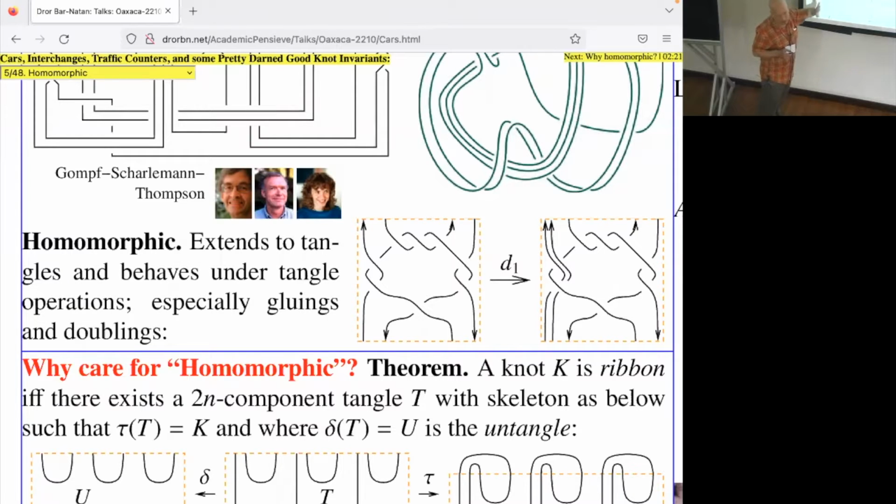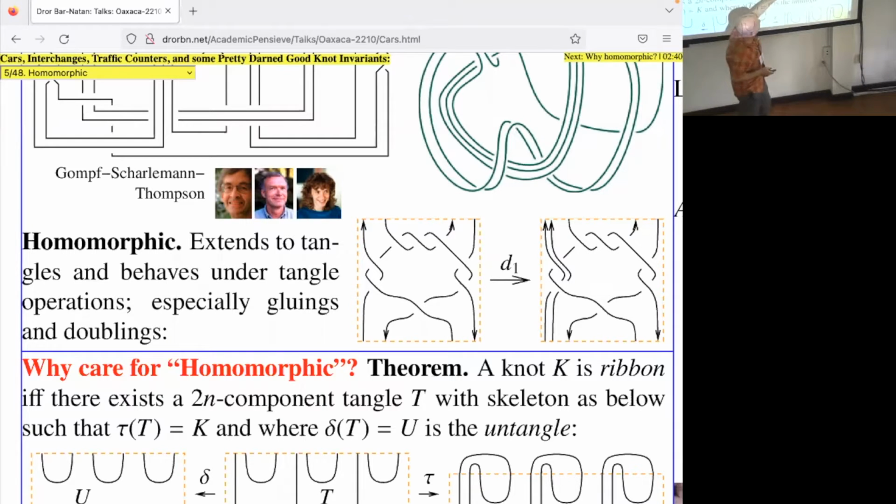So what operations do you have on tangles? Well, you can compose them by putting them side by side and connecting some of the strands. Or you have the doubling operation. So if you have a tangle, you can point at one of the strands and say, let's double it. And then it becomes two parallel copies.